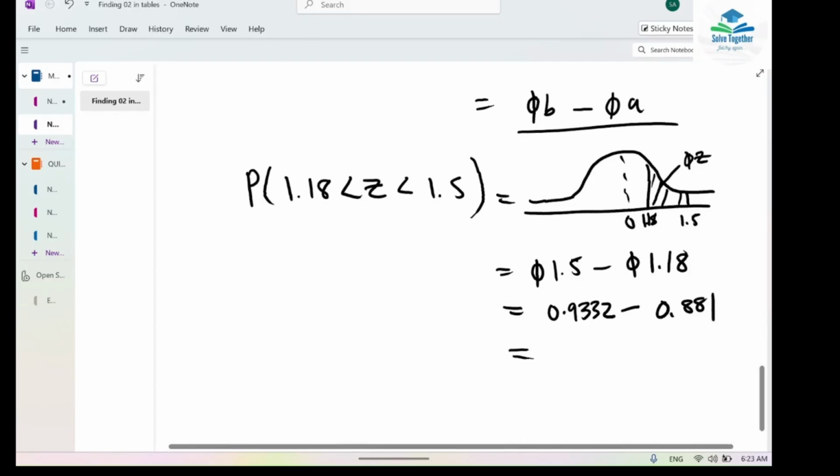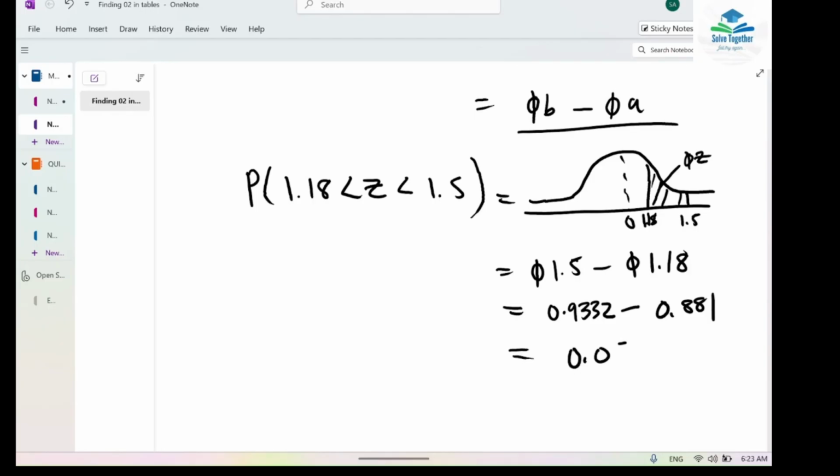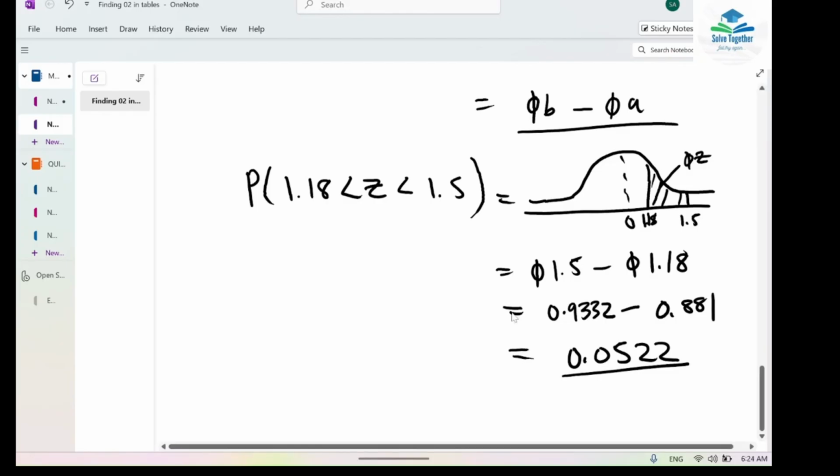We subtract these two and get 0.9332 minus 0.881. This will be 0.0522. So this will be our answer.